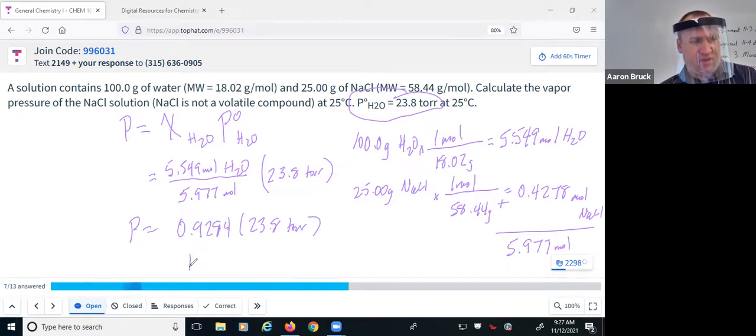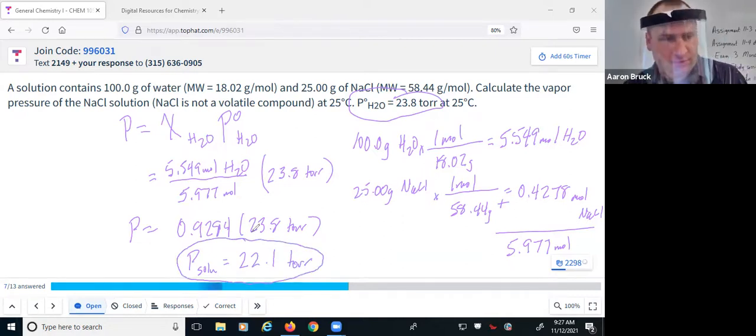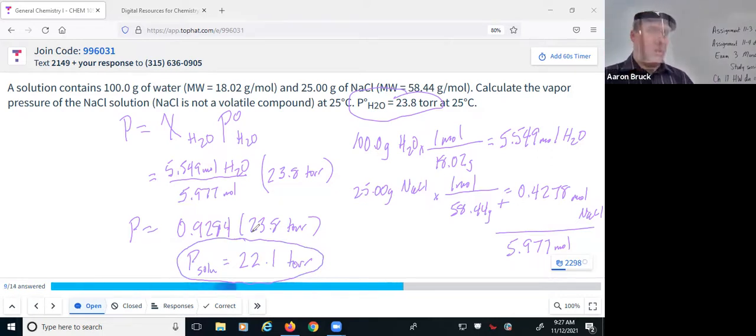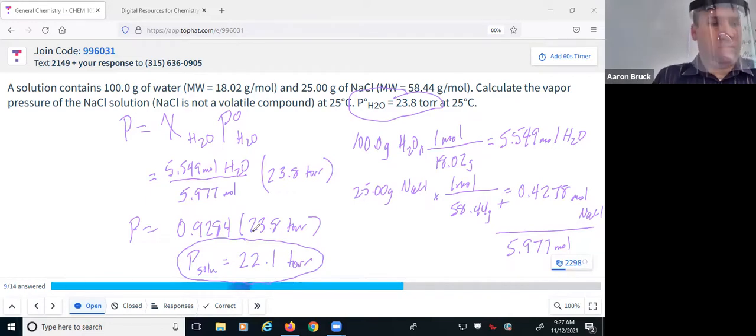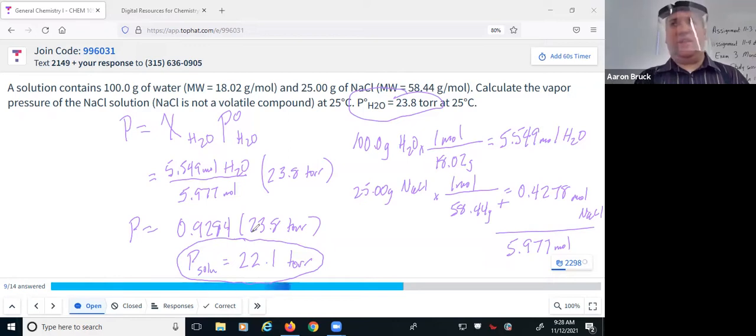To 3 significant figures, the vapor pressure of the solution would be 22.1 torr. So our vapor pressure is lowered, but not considerably because we haven't added a terribly large amount from a molar standpoint of solid.